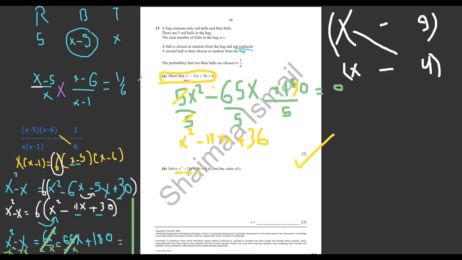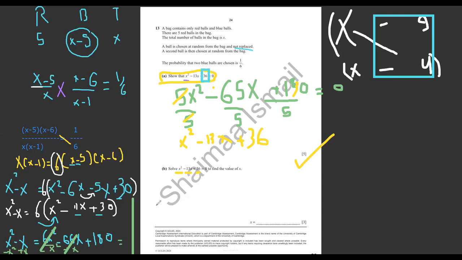To see if this factorization is right or not, we can say negative 4x plus negative 9x, which gives us negative 13x, which is actually this. Also we can check by multiplication: negative 9 multiplied by negative 4 is equal to 36, the third term here.